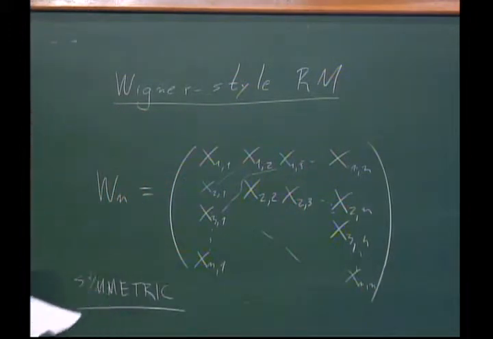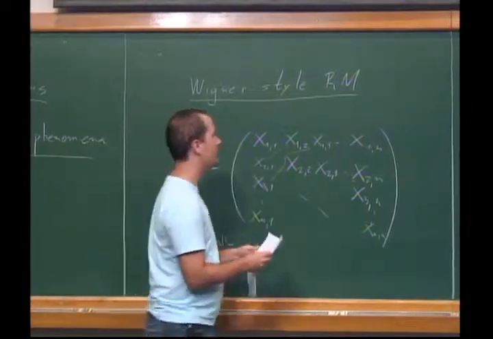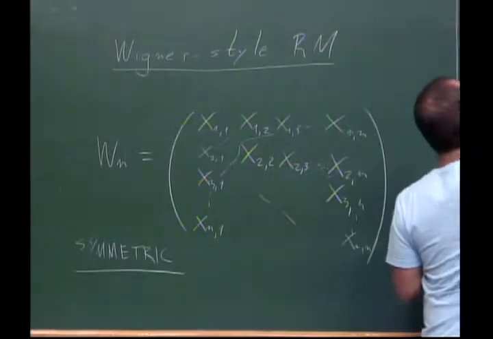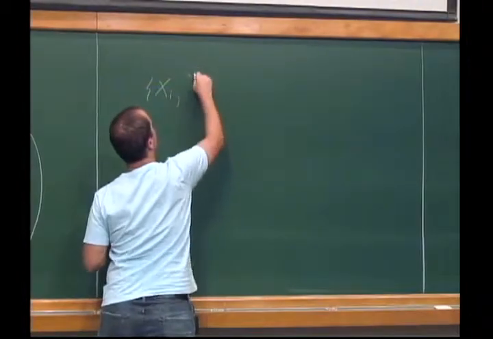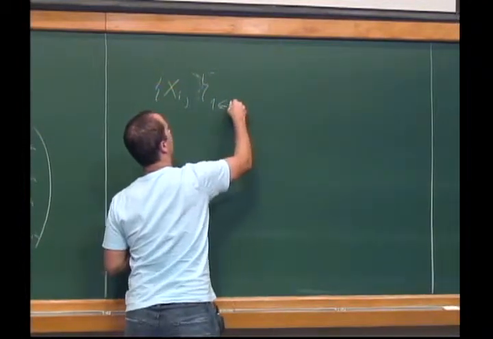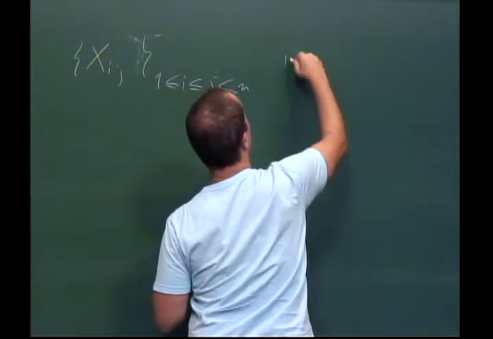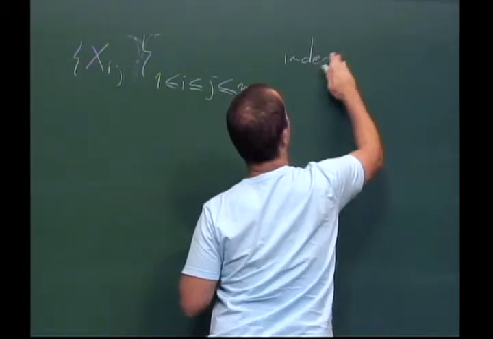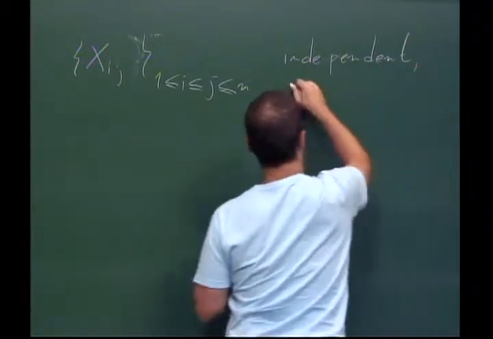But given that we want a symmetric matrix, you want a matrix whose entries are almost as independent as possible in some sense. What I mean by this is that I want the random variables x_ij, where I just consider i less than or equal to j, I want them to be independent and have mean 0.